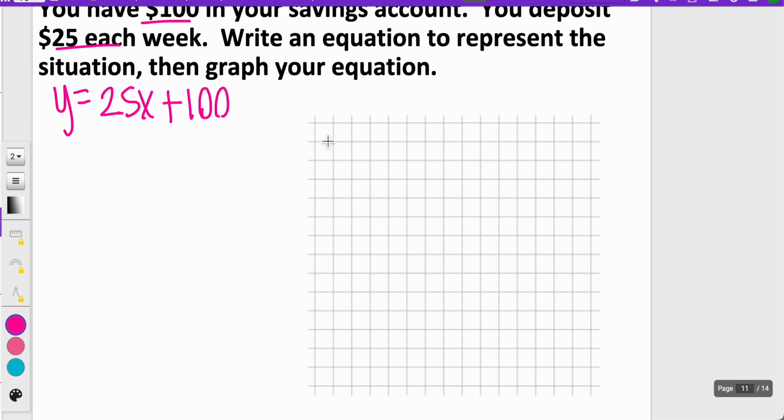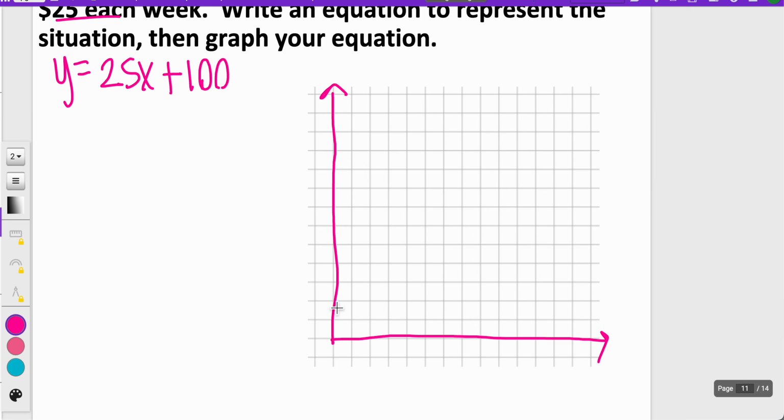So to graph this, since it's probably going to be positive, we are going to just create our graph from quadrant 1, and we're starting at 100, so I might do every other one of these is 100. So 100, 200, 300, 400, 500, 600. Okay? 100 is where I start.